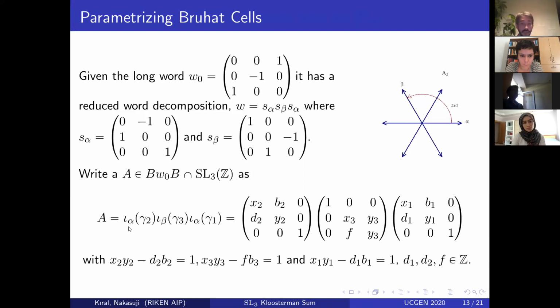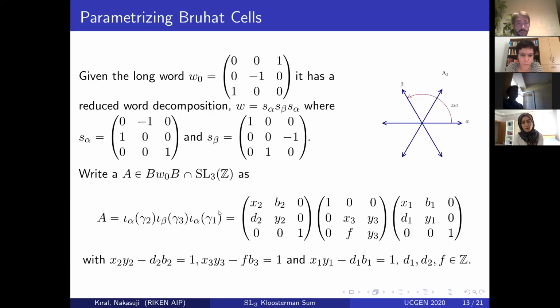So I have a simple root alpha, and then I want to embed a 2x2 matrix into the upper left corner. So given the second factor here, beta, I want to embed my 2x2 into the lower right corner. And again, given the alpha, I want to embed it into the upper left corner.